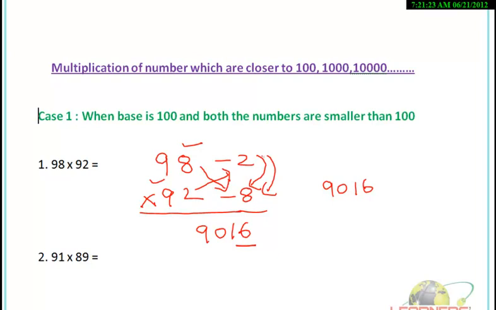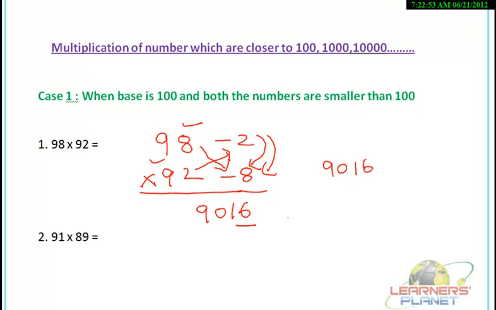Okay, let's take another example. Now let's take the example of 91 into 89. Just write the numbers over here, 91 and 89.